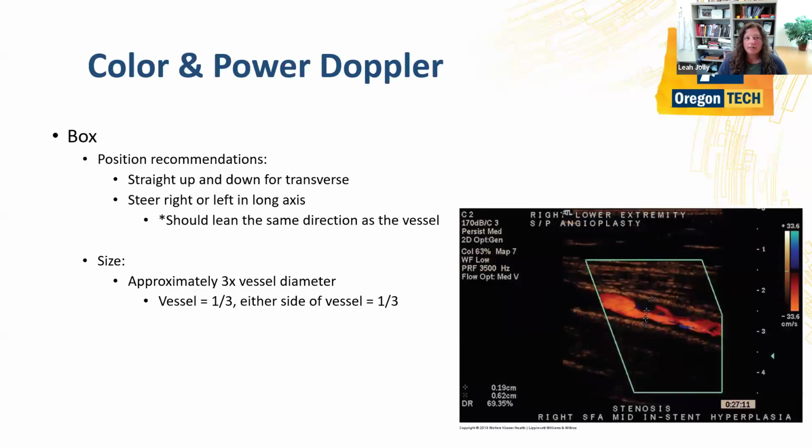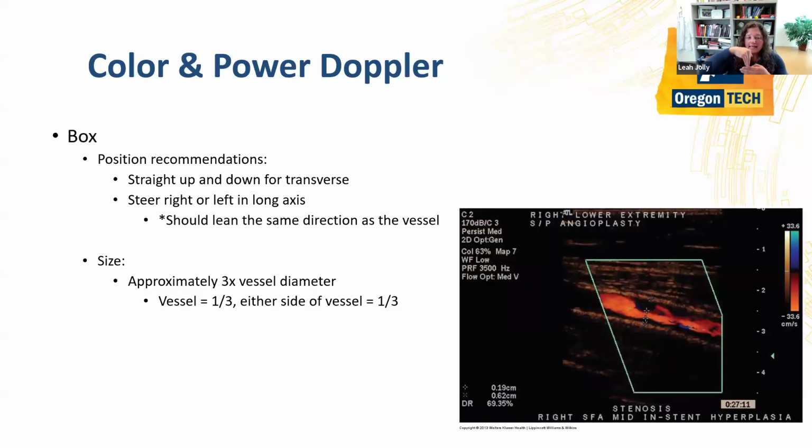Steering is really important. So your box, the color box matters. So position. If you're looking at vessels in transverse and you're trying to get color in trans, we recommend that you put the box straight up and down. So you want it to actually look like a square if you're looking at vessels in transverse. You might also have to tilt the probe just a little bit to get the color to show up.